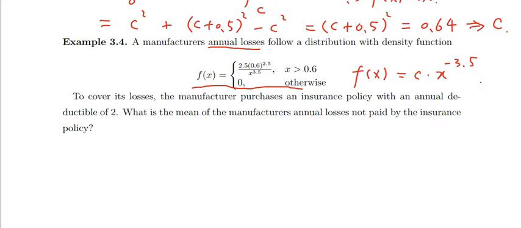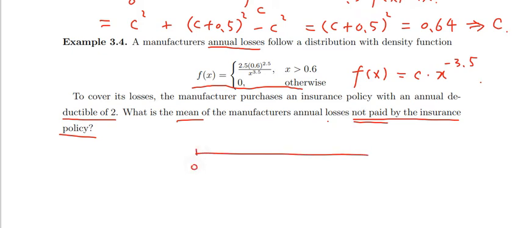So the insurance policy's annual deductible is 2. What does it mean? What is the meaning of the loss not paid by the insurance company? Let's say x starts from 0.6.